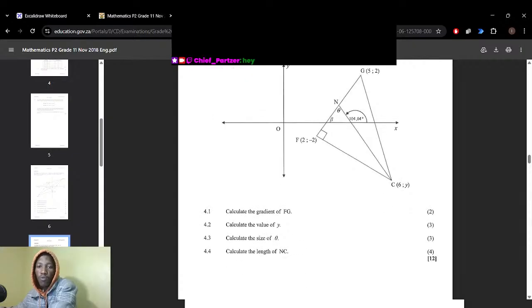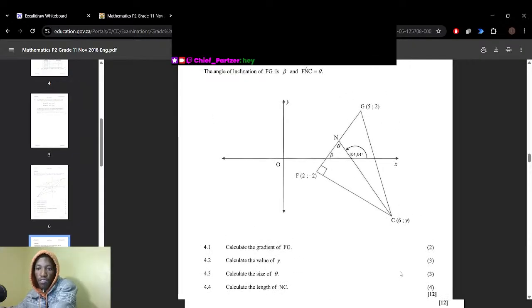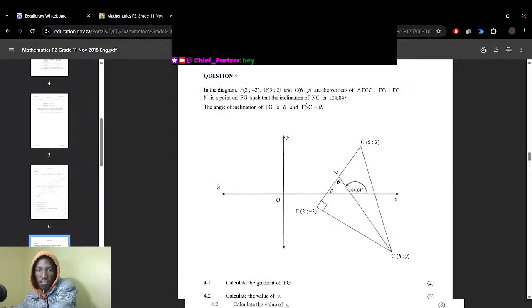Calculate the value of y. Right, so this is a bit of a higher order question. How can we calculate y? Okay, let's take note of my thought process, because this is the first time I'm answering the question.